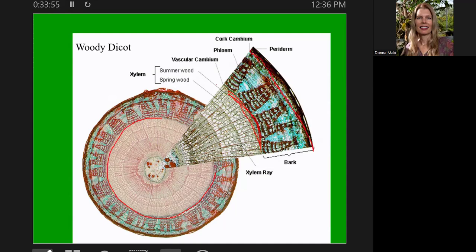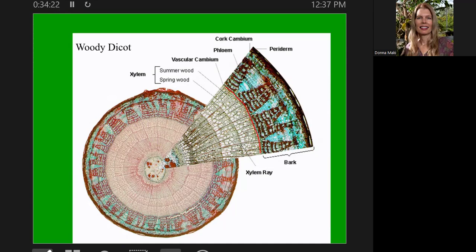So two rings of tissue that are actively growing through the life of that tree. The vascular cambium is devoted to xylem and phloem, and the cork cambium to bark tissue. And so they're trying to show everything to the outside of the vascular cambium, which means the phloem, that is part of the bark definition.